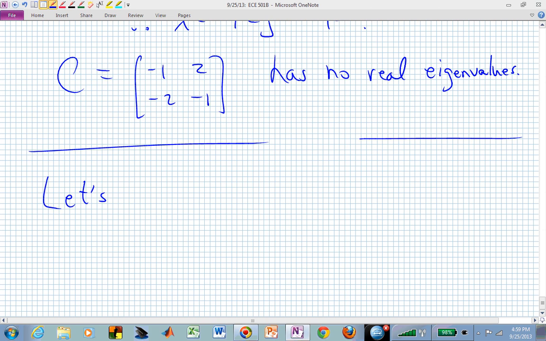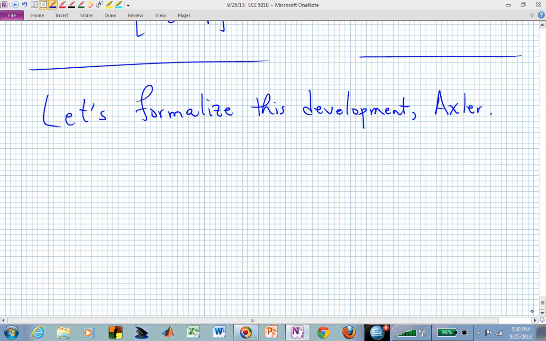But now we can go back and we can say, let's formalize what we've just talked about, or this development of the concept of eigenvalues and eigenvectors, which really means let's go back to the book, chapter 5. And in chapter 5 now we are focusing our attention on operators.